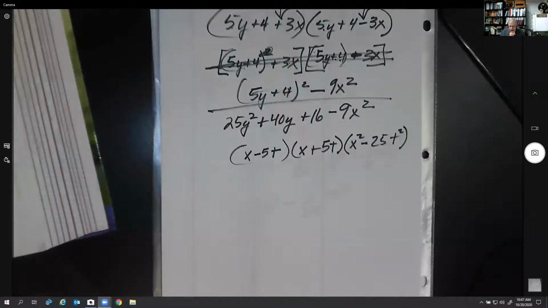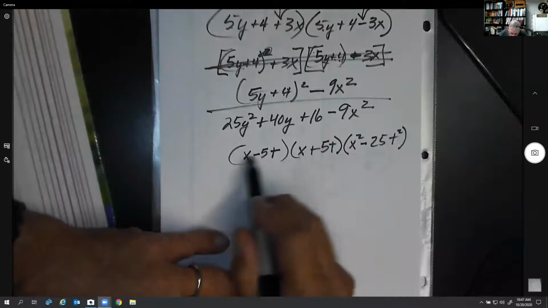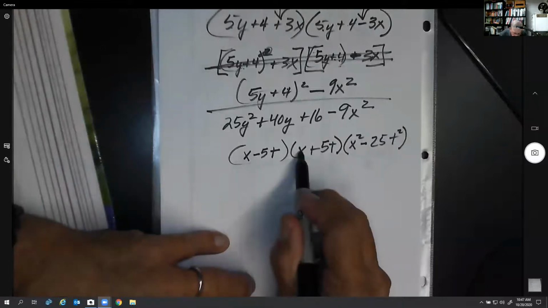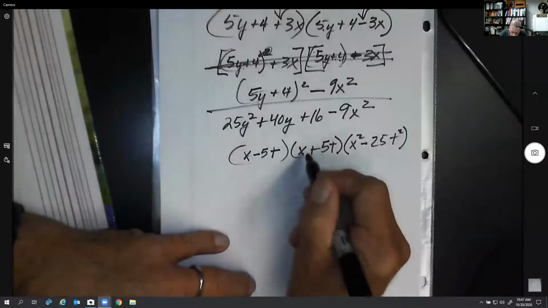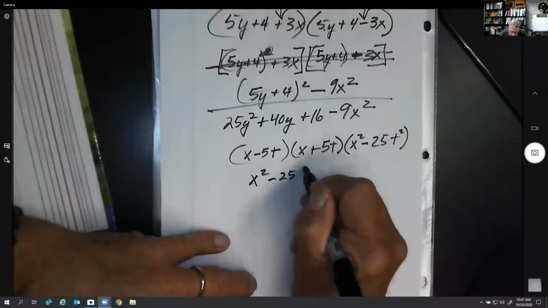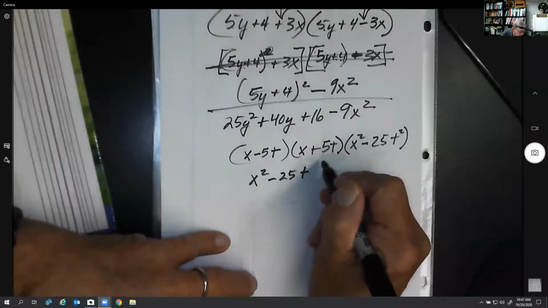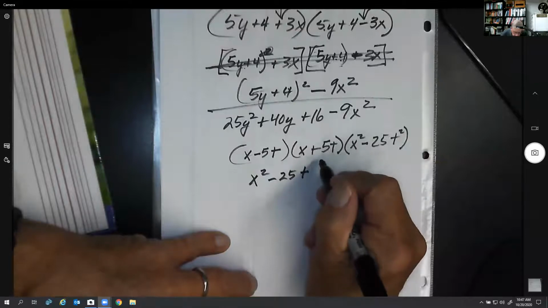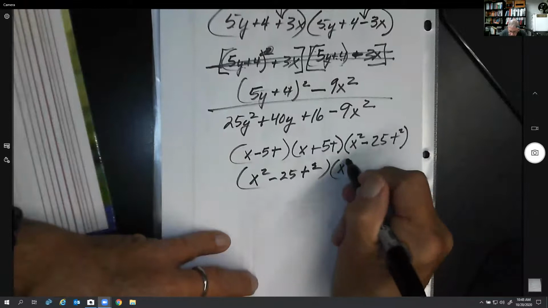Okay, so I'm going to multiply these together. I'm going to see what happens here. I got an x squared. I'm going to do that short FOIL. Minus 25t squared. I'm going to make sure I copy this right. Yep. And then I see I have this.